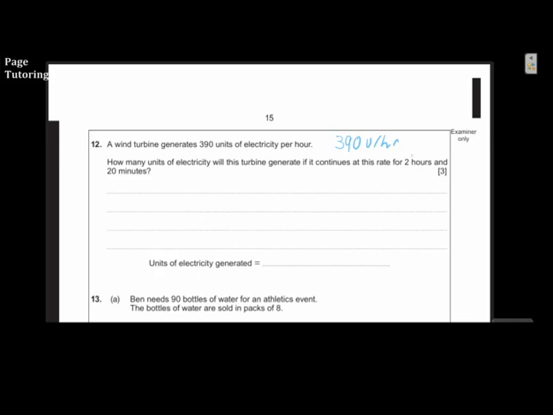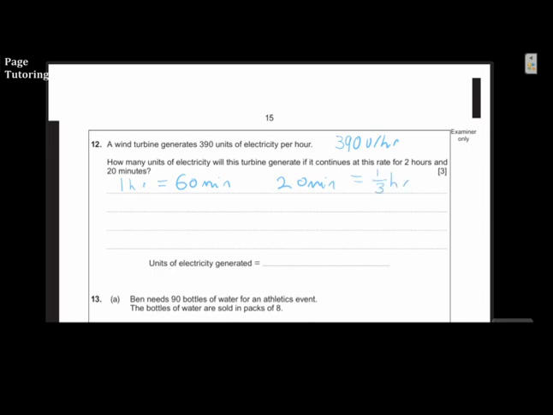If we want to know how many units is made in 2 hours and 20 minutes, we need to multiply that 2 hours and 20 minutes by 390. But because of that 20 minutes, we need to keep in mind that 1 hour is equal to 60 minutes. Therefore, that 20 minutes is a third of an hour.